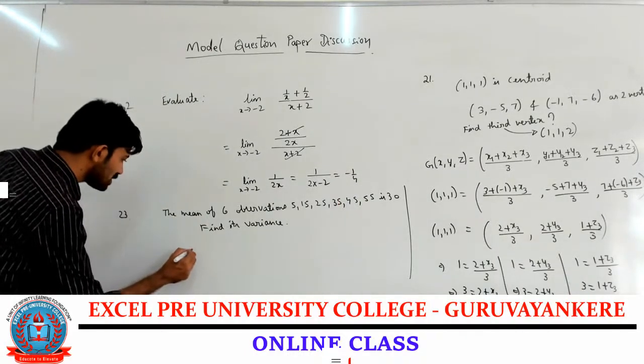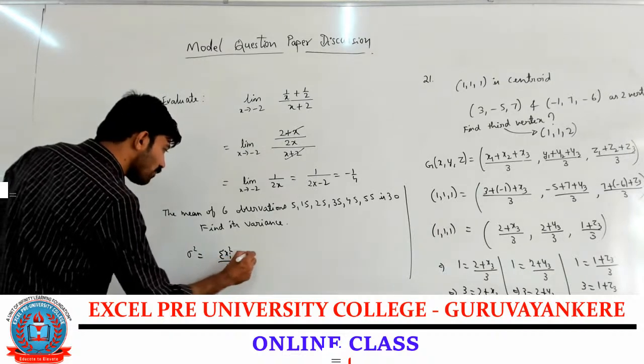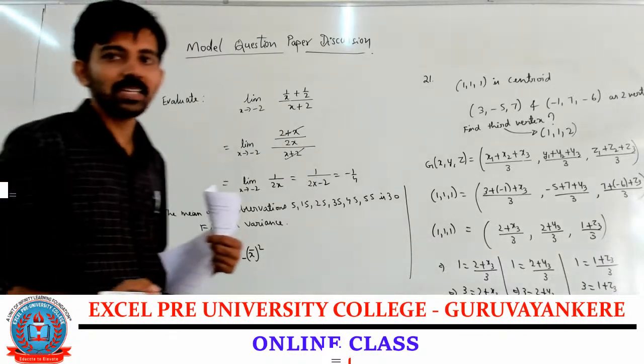Variance sigma square is equal to sigma xi squared by n minus x bar the whole square, correct? This is the formula to find the variance.